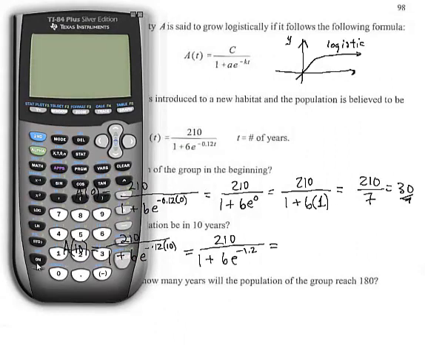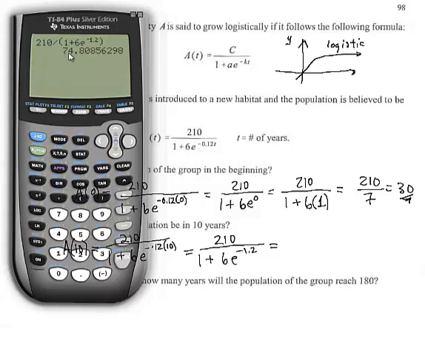And we'll type in 210 divided by, you may want to put the denominator in parentheses, 1 plus 6 times the natural exponential expression with a negative 1.2 as the exponent, arrow over and close your parentheses, and now we simply hit enter.